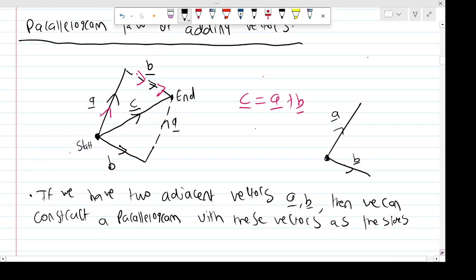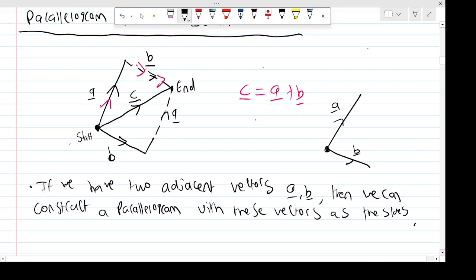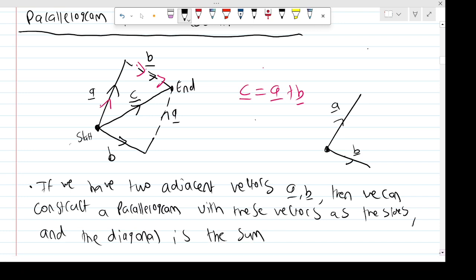And moreover, the diagonal is the sum A and B. So the diagonal represents the addition of those two vectors. If I want to add the two vectors together, I can use the diagonal of the parallelogram.